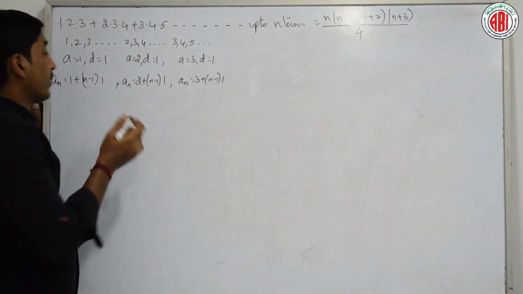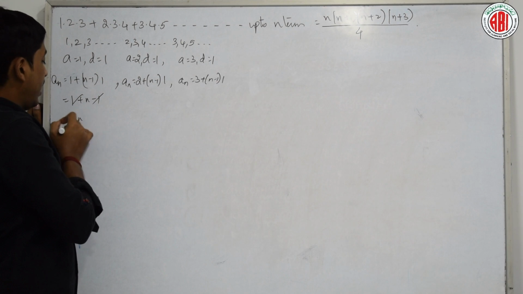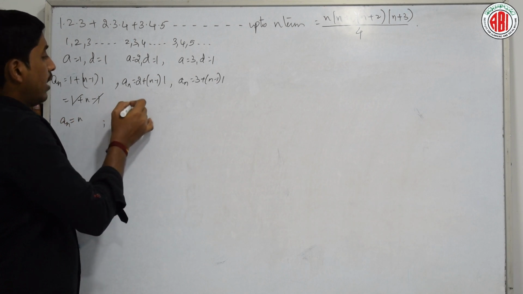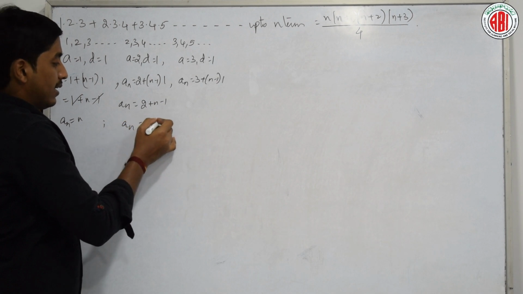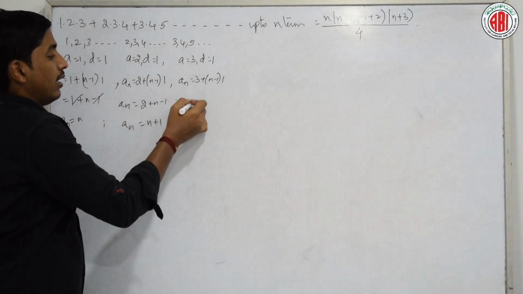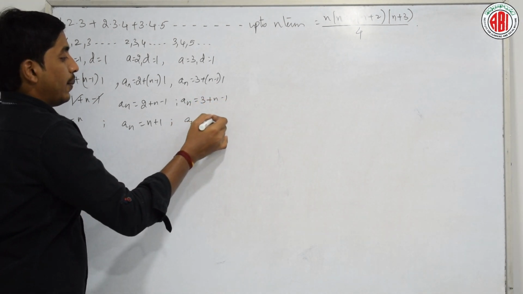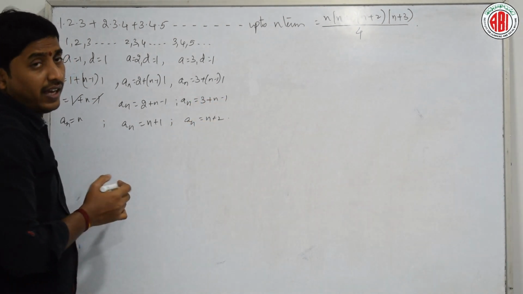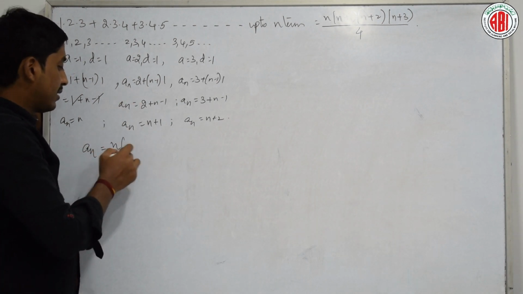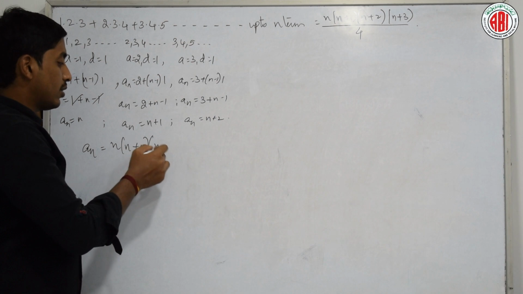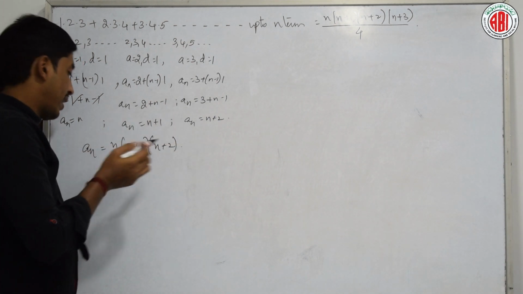Is it right? 1 plus n minus 1, the 1 gets cancelled, so this will be n. Here a_n is 2 plus n minus 1, that is n plus 1. Here 3 plus n minus 1, that is n plus 2. Is it fine? Then what is my final nth term? The final nth term is n into n plus 1 into n plus 2. Is it right?